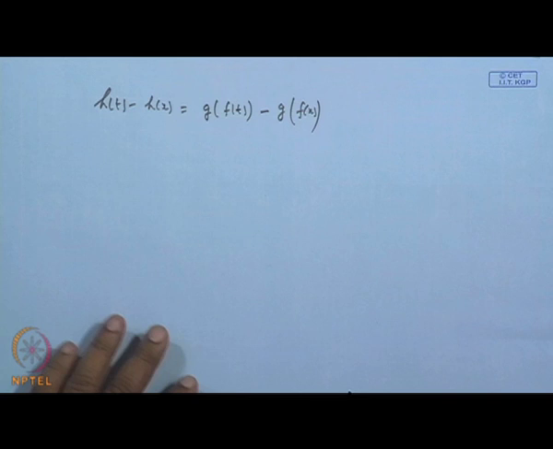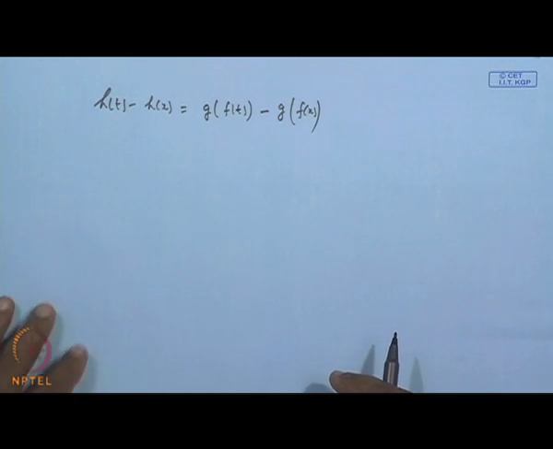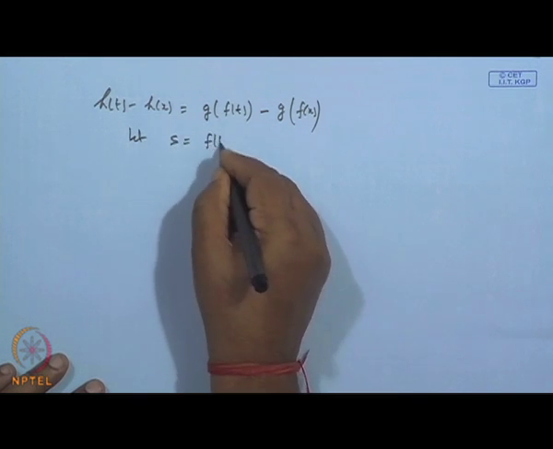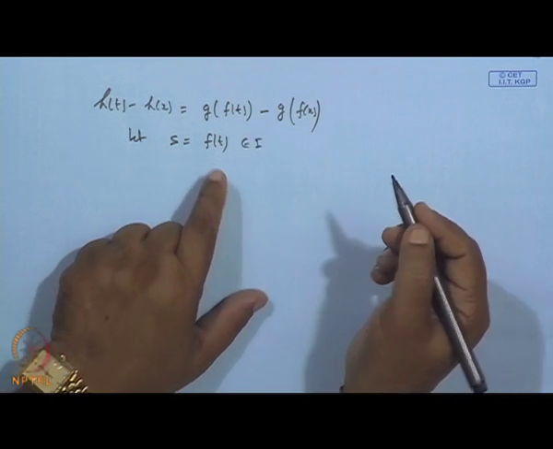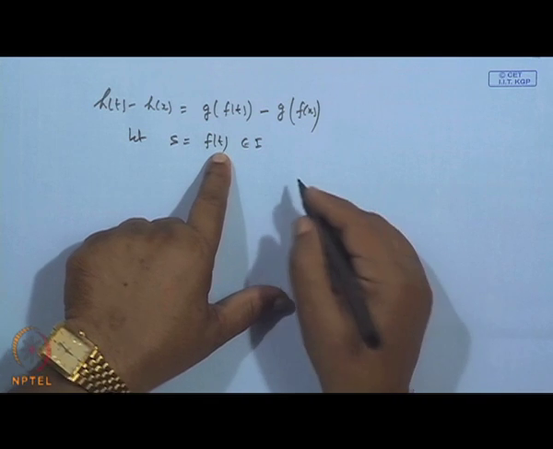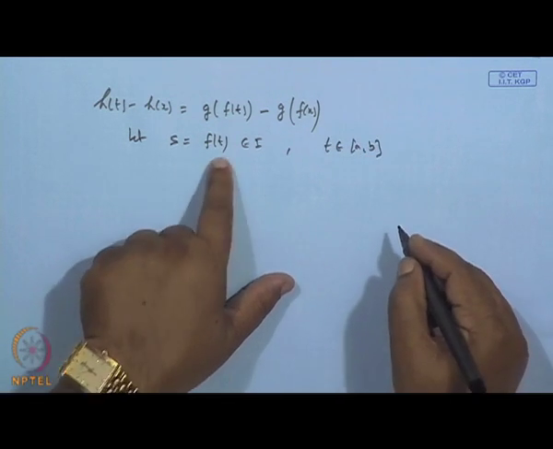Now replace s by f t, because s is a point in the interval I. f is a function defined over the domain and t is a point in the interval a b. So replace s by f t.